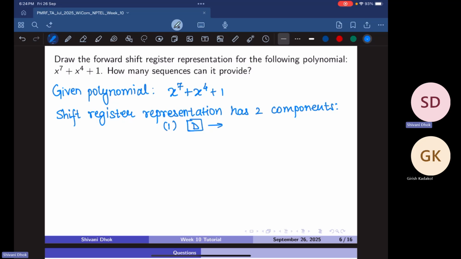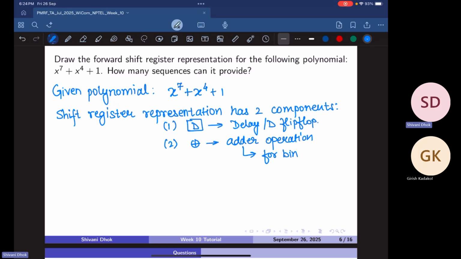This basically leads to some sort of delay. And the second one is this, which is basically the adder operation. But for binary, this is equivalent to XOR.